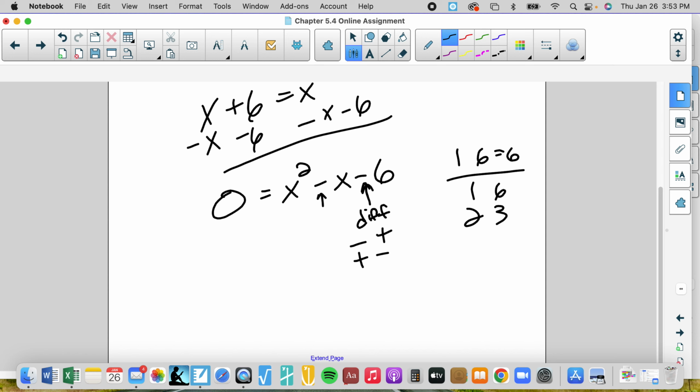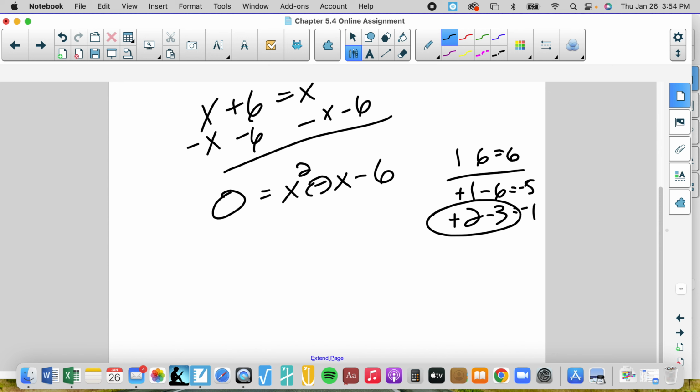Now we know the leftover is negative. So I know that my bigger number is negative, my smaller is positive, because notice we get a -5 and a -1. So really important to be able to comprehend that part. So that's another little trick here to get our factor pairs correct.